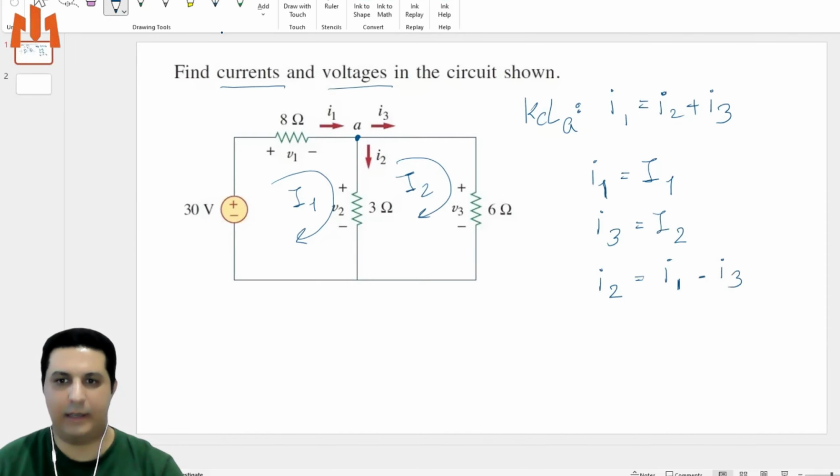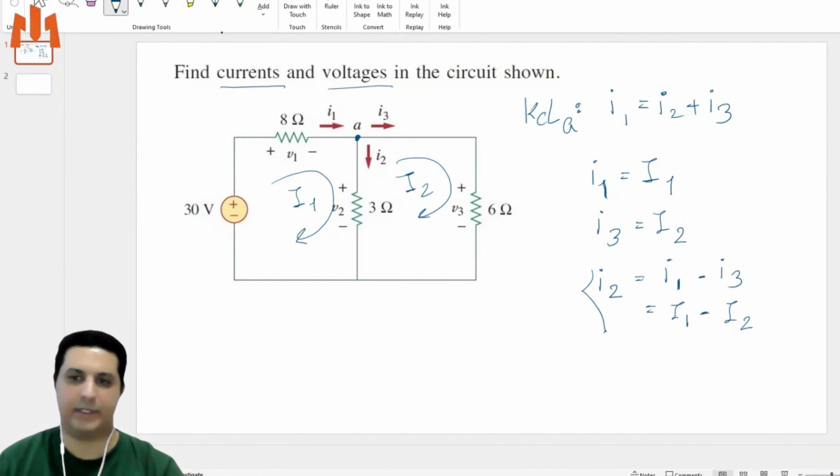It's better to say it that way. Instead of I1 you can use I1, and I3 is I2. So we have these three equations.